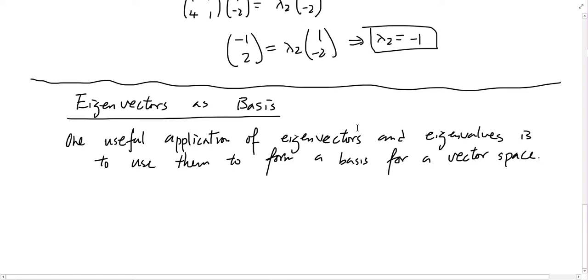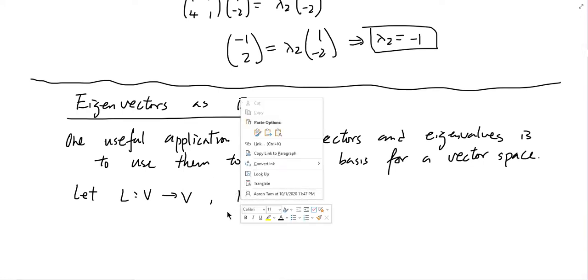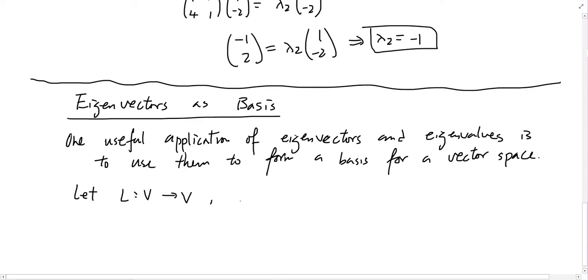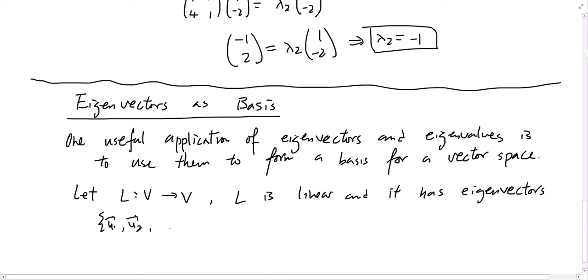So imagine the following. Let's say we define some kind of vector space, let's say V. Let's define a function L to go from V to V, and let's say L is linear and it has eigenvectors, let's say vector u1, vector u2, to vector u sub k, with eigenvalues, let's say lambda 1, lambda 2, to lambda k.